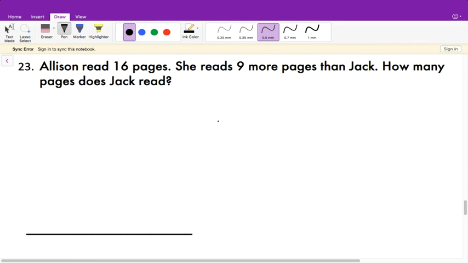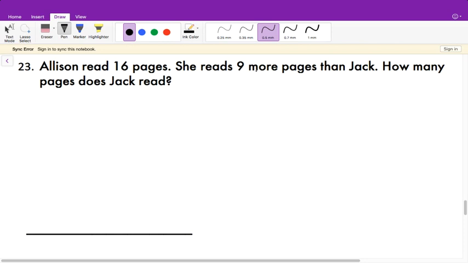Allison read 16 pages. She reads 9 more pages than Jack. How many pages does Jack read? Okay, so this I think is a little tricky. Because again, we see this word more here. So we might think, oh, we're adding more on, just like the last problem.